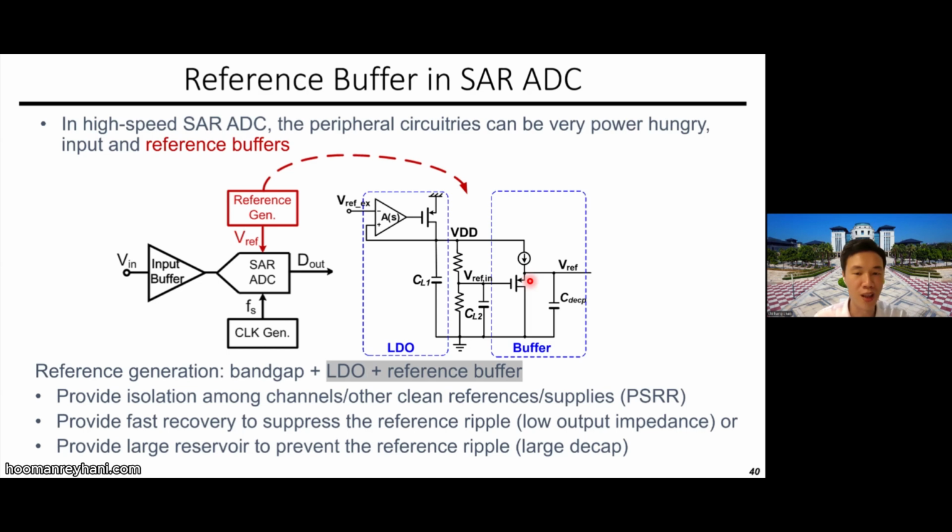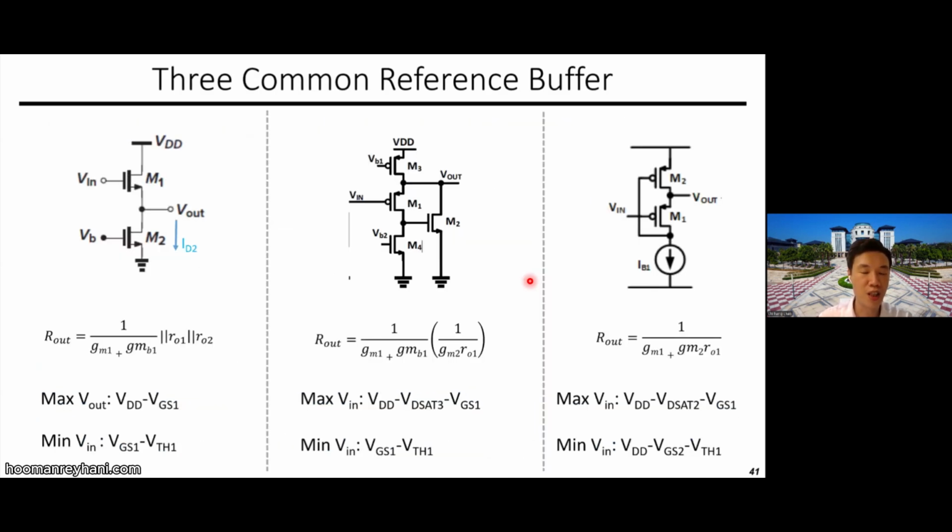So rather than putting a reference buffer, which is very low impedance with high transient current, you can alternatively put a very, very large decoupling capacitor there to make the ripple not happen at all.